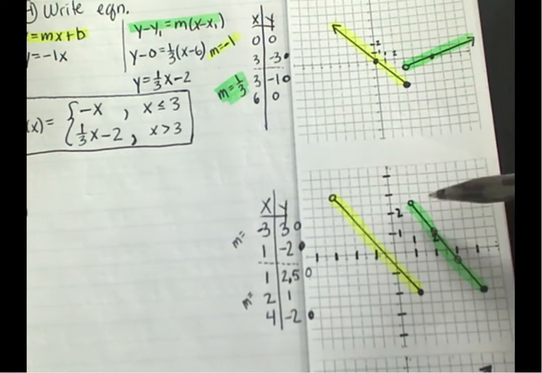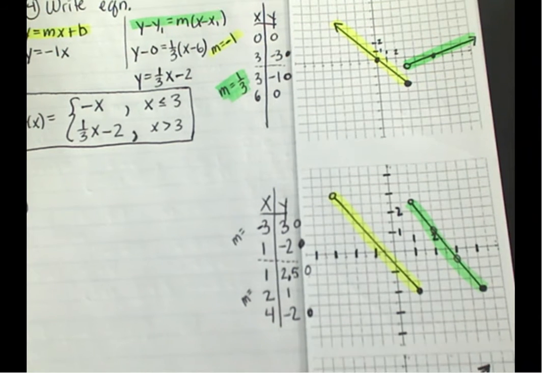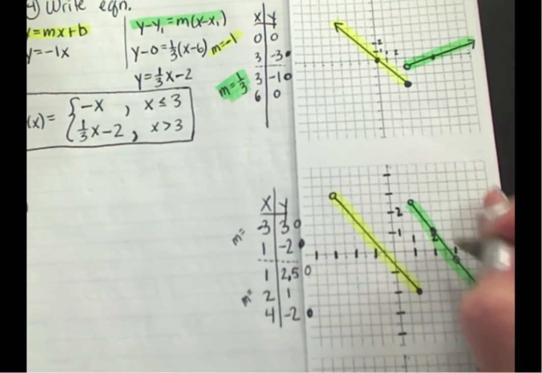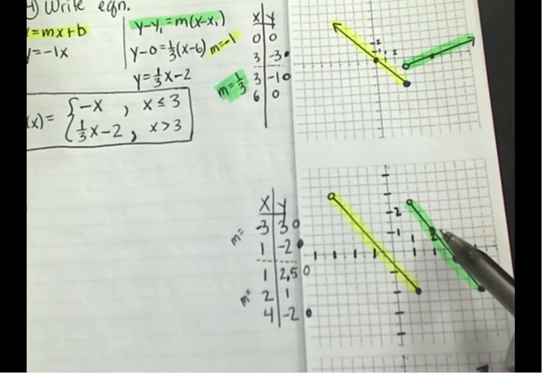What I noticed is I can count a rise of 3 and over 2, and that actually works the whole way. So those other points are points on the line. I'm just scanning for any coordinates that are also integers. This one, 2, 1, is another point that you can read off the graph. Just because it's not an endpoint doesn't mean you can't use it.